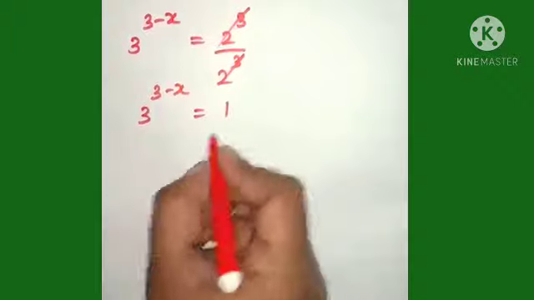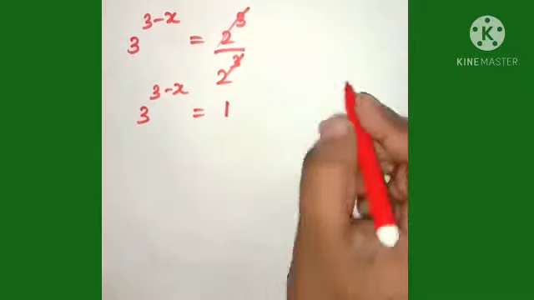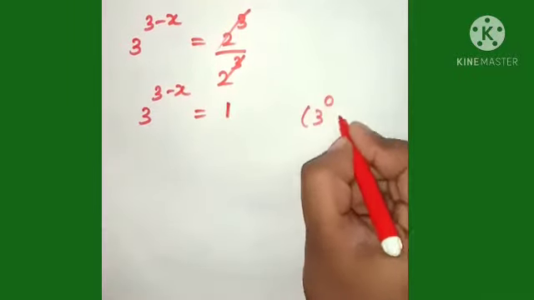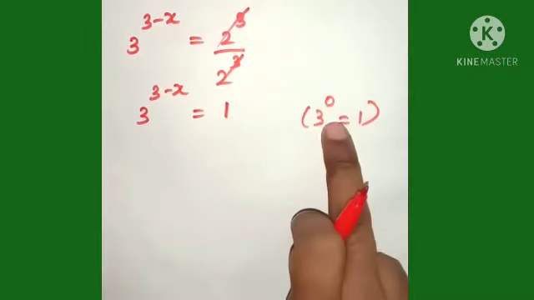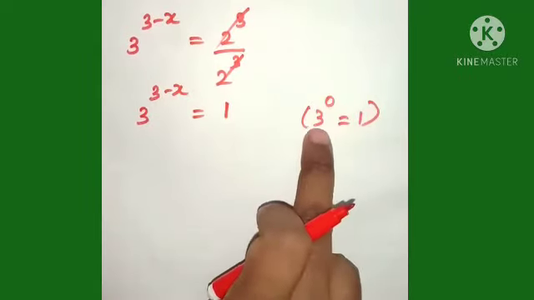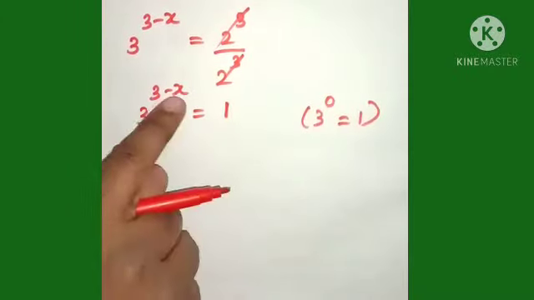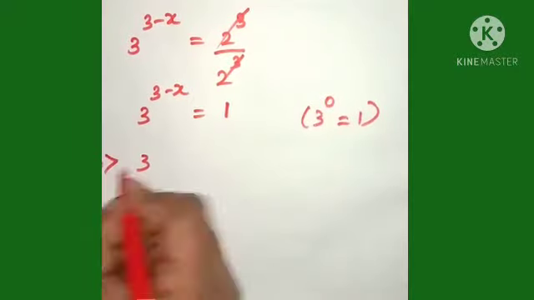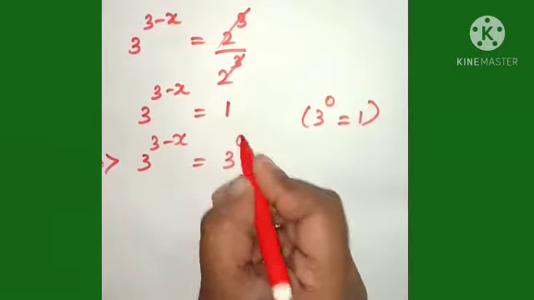Now we can write 1 in exponential form with base 3. How can we write it? Yes, that is 3 power 0 is equal to 1. Isn't it? 3 power 0 is 1. Any number to the power of 0 is 1. Now, here we are using 3 power 0 instead of 1 to find the value of x. 3 power 3 minus x is equal to, in place of 1, we can use 3 power 0.